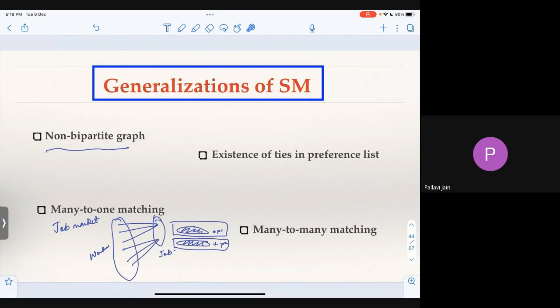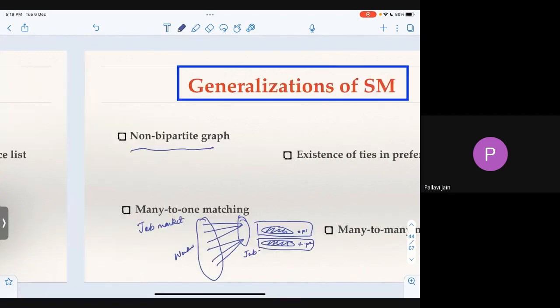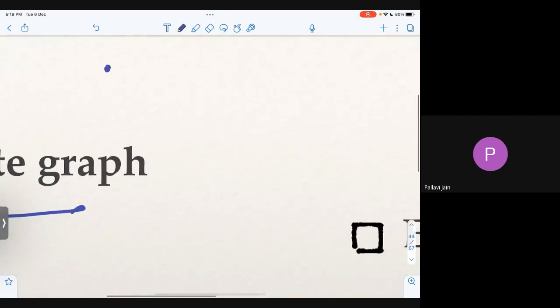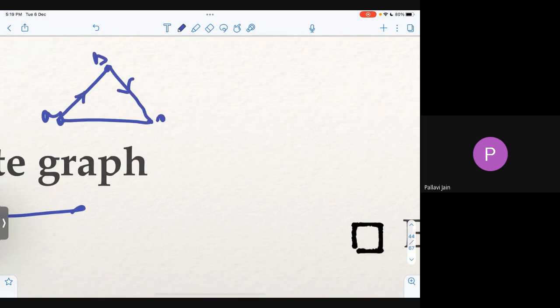So the other case is when the underlying graph is a non-bipartite graph. The question of whether there exists a stable matching, we know simply by looking at it. Here, A prefers B, B prefers C, C prefers A. Can there be a stable matching here?